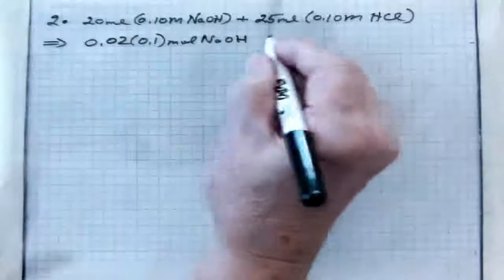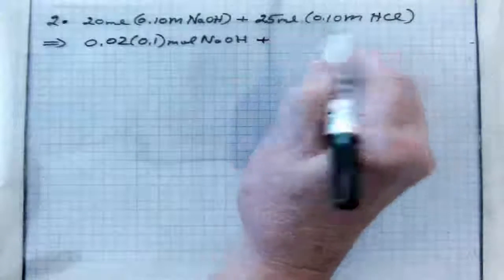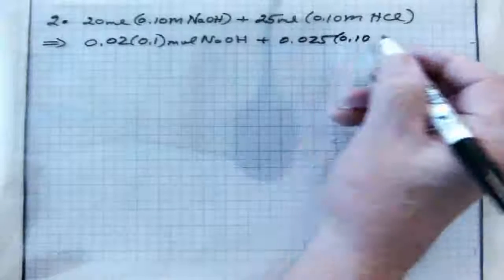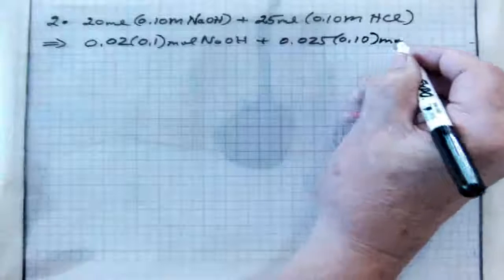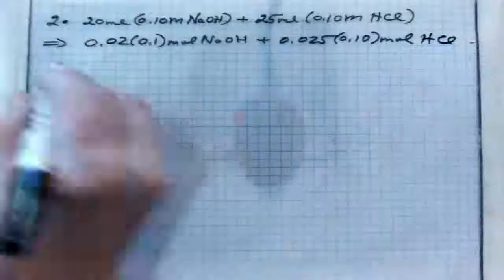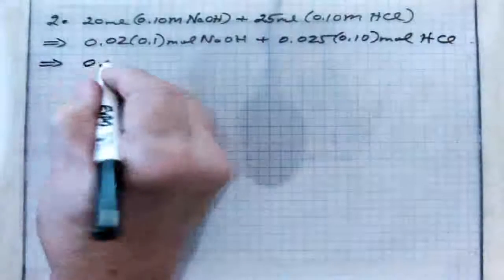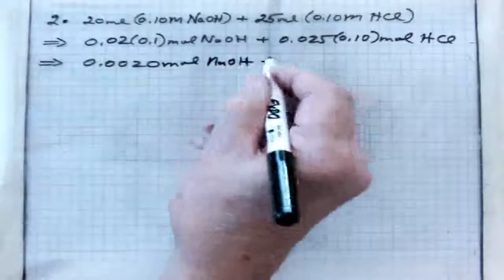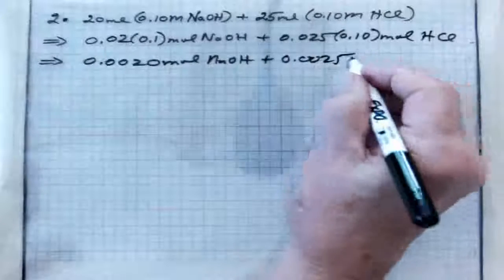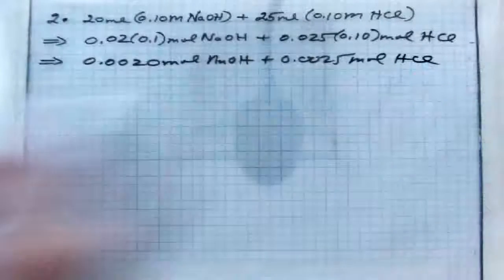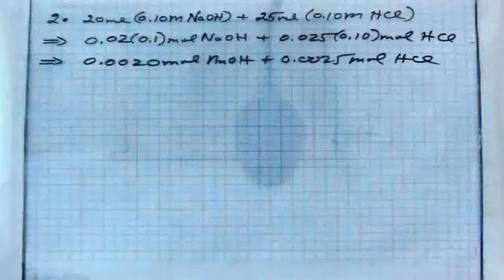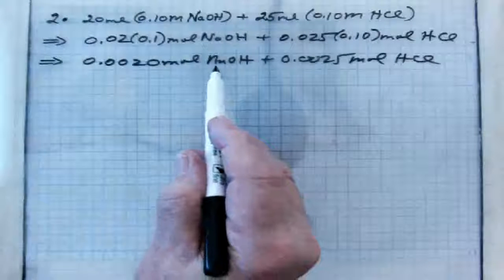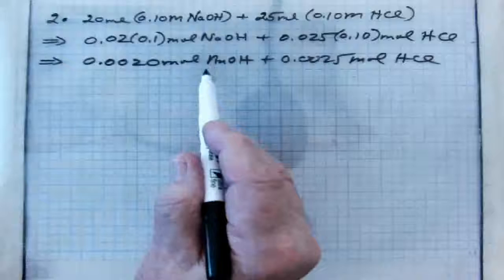Molarity times volume gives you moles, plus here on the HCl is 0.025 liter times 0.10 molar, and that gives you moles of HCl. That'd be 0.0020 mole NaOH plus 0.0025 mole of HCl. Again, it's a 1-to-1 reaction ratio with the sodium hydroxide being the limiting reagent, so it's really not going to be there until we get past the equivalence point.